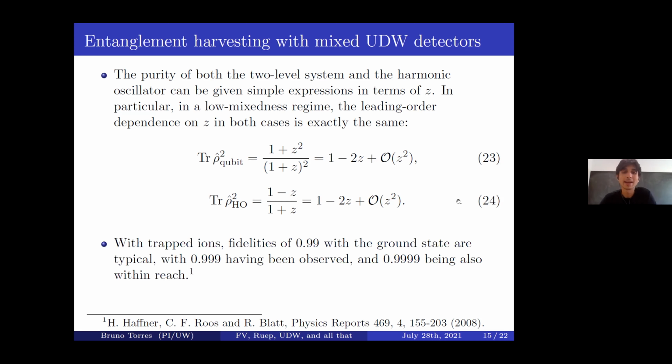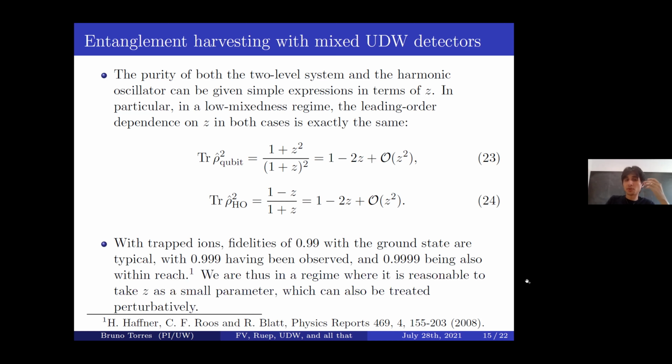And yeah, with trapped ions, for example, just for concreteness, fidelities of 0.99 are typical, and fidelities that are much higher can also be achieved, right? And this Boltzmann factor here is basically 1 minus the fidelity, or half of that. Look at it, the fidelity with the ground state. And so that means that it's safe to assume that in the setups where we would like the unruh detector model and harvesting to be a fair description of the setup, we can take that to be small.